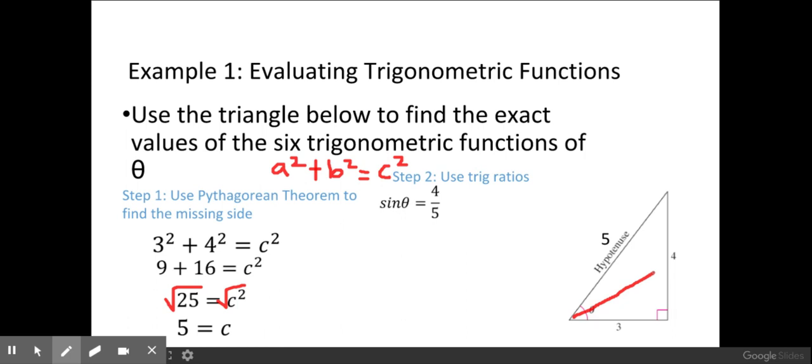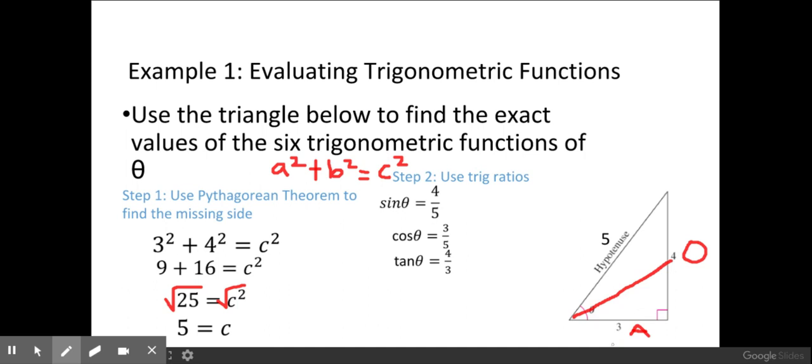The opposite side would be 4, and the adjacent side would be 3, because this side is next to the angle, and when we draw a line to the side that's across, that would be this side over here, 4. So opposite over hypotenuse is 4 over 5. Cosine is adjacent over hypotenuse, so that would be 3 over 5. Tangent is opposite over adjacent, so that's 4 over 3.